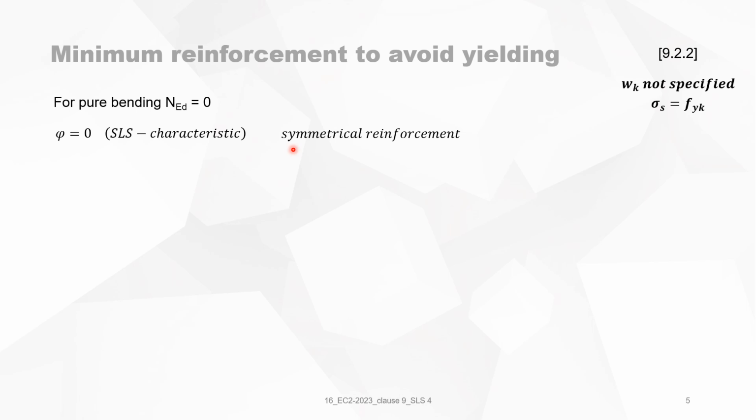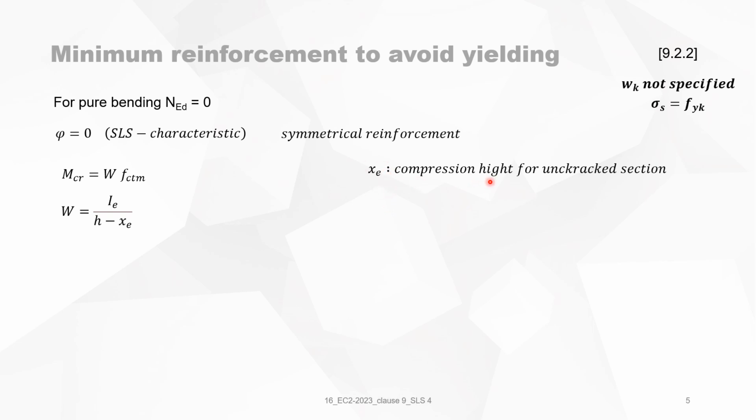Now, in most cases, the reinforcement is symmetrical because you need minimum reinforcement at the top and the bottom of the section. So that's an assumption which is acceptable.